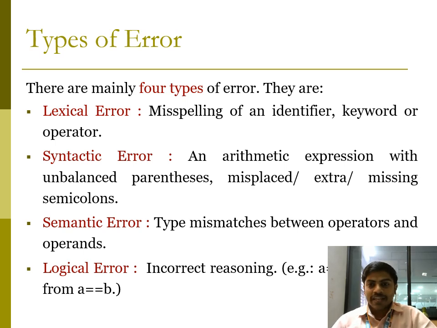It will throw errors when the program is run. There are logical errors also, which might not affect the compilation process but will affect the output of the program. Using double equals is the actual logic of checking A equal to B. Using a single equals is not the actual way of checking whether A and B are equal, and these kinds of errors are termed logical errors.